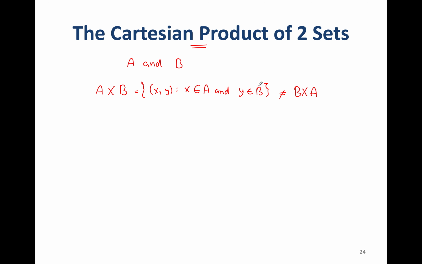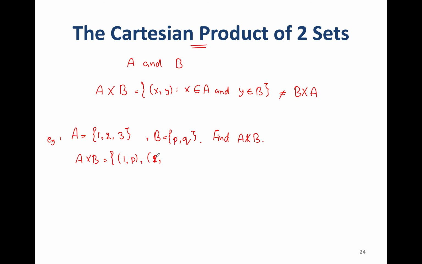Alright? Now let's see this example. If we got that A is equal to {1, 2, 3}, and B is equal to {P, Q}, we need to find A cross B. So as we said, A cross B will be a set of ordered pairs where the first element is from A and the second element is from B. So A cross B is equal to 1P, sorry, one more time, 1P, 1Q.